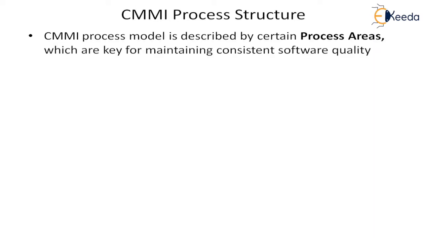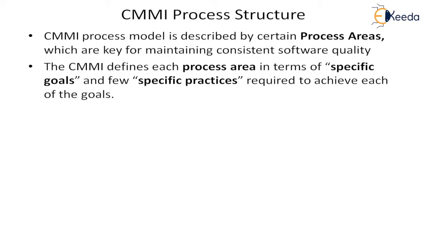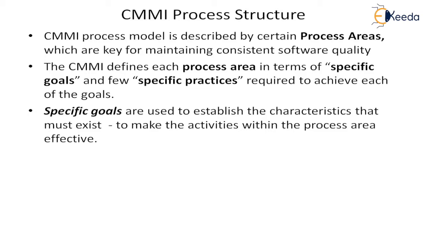So let's look at what their process structure is. For the CMMI process structure, they recommend that you need to have certain process areas. These process areas are the key areas for maintaining the consistency of the software quality. These CMMI process areas, in turn, are defined in terms of goals and practices.